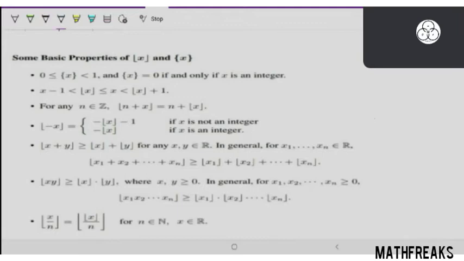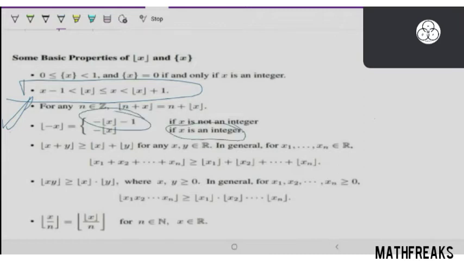These are some important inequalities which we will use, and these are obvious inequalities while solving some problems. Minus x: here we say that this is universal, but this is not universal, because when x is an integer the function is discontinuous. Oh, this is for the box x part.